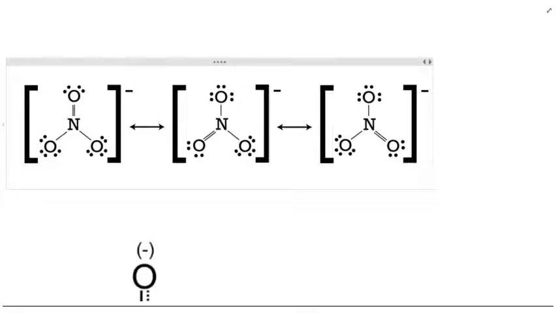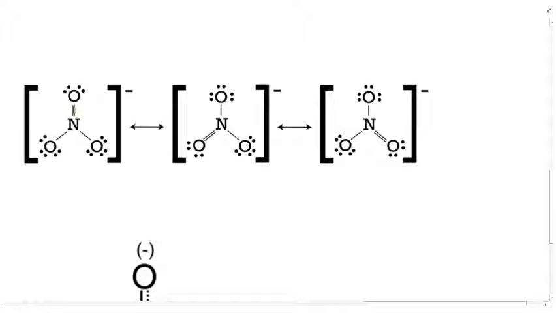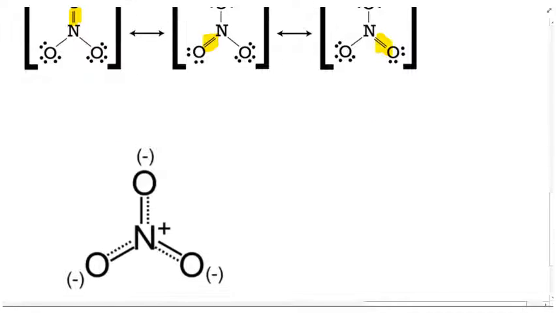So here is the picture, the Lewis diagrams for the 3 resonance structures for nitrate. So as you can see, the double bond can be on any one of the 3 oxygen atoms. So they just keep rotating. They are not fixed, they're resonating around the 3 oxygen atoms.